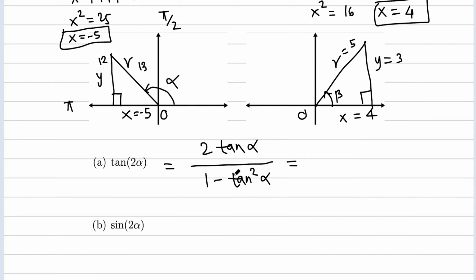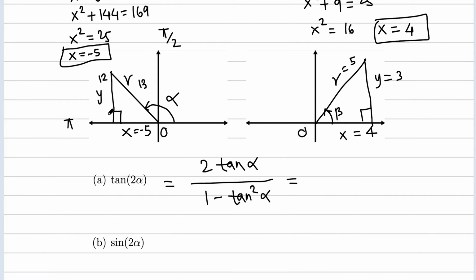That is only alpha, that means we will be using the first triangle. 2 times tangent, which is y over x, so that is 12 over negative 5, all over 1 minus tangent squared alpha. Tangent alpha is 12 over negative 5, squared.